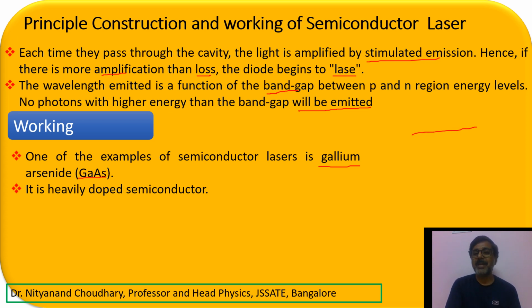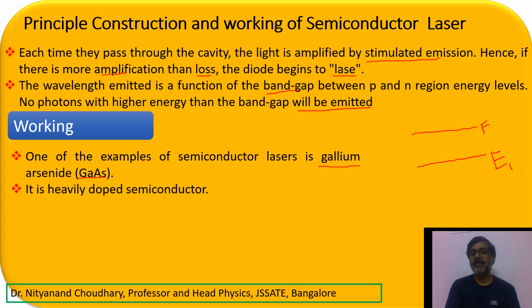Let us suppose I am taking any one type, P type or N type, you can imagine any one. Here it has two energy states, so let us suppose we have taken E1 and E2, right?